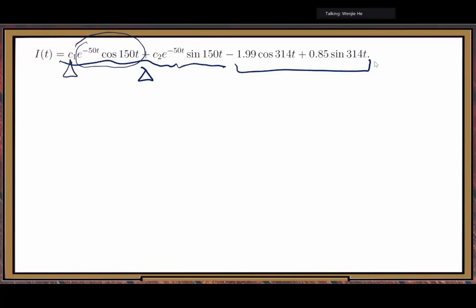And the other 2 terms have this part, but the coefficient is different. After you combine those 2 terms, you just take new constant symbols. Several students wrote the RH part in 4 terms. So you can simplify a lot.